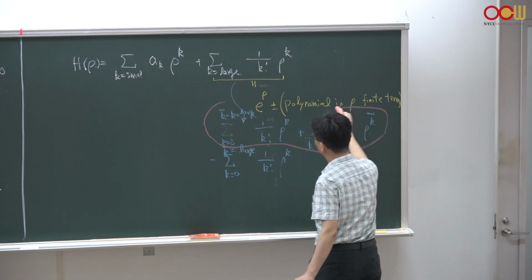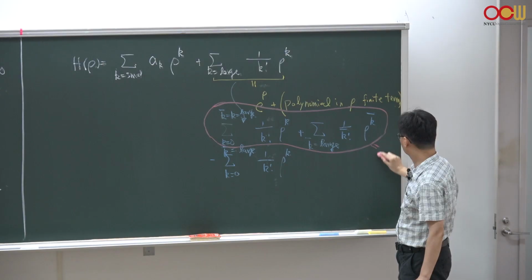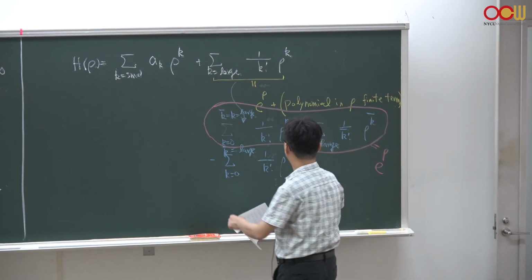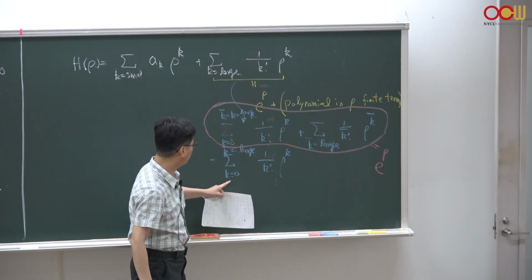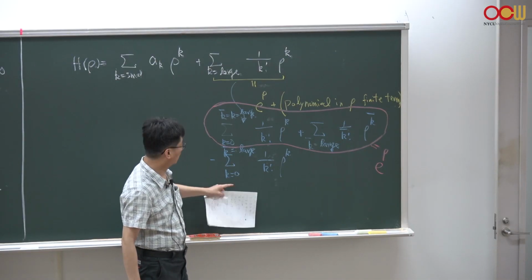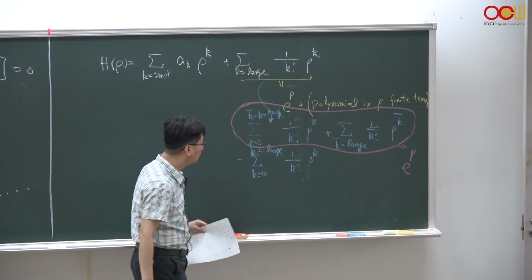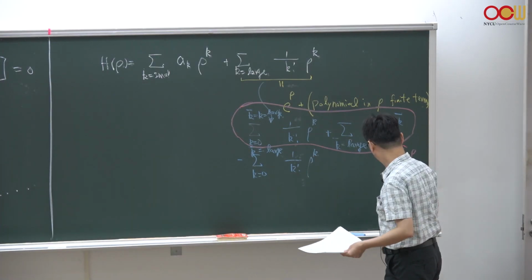If you combine these two terms, then this is precisely the Taylor expansion of e to the power of rho. But the price to pay is that you need to subtract a finite number of terms, the Taylor expanded terms coming from e to the power of rho, but that's fine because it is just a finite number of terms.